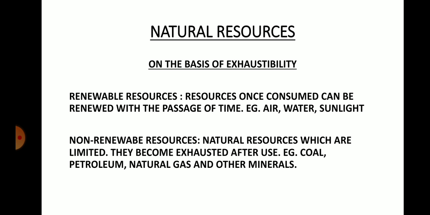Resources once consumed can be renewed with the passage of time. Even when you use them, they can be renewed again as time goes on. They are called renewable resources.